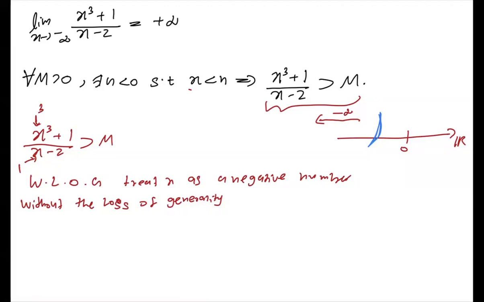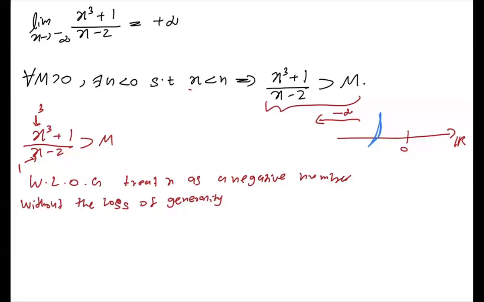Let's say you have a function and you do the proof only for the even numbers, then the proof doesn't hold for the odd numbers. But here, if you treat x as a negative number, it has no impact on the final result of your proof. It is valid for all x of your function where x is near negative infinity.